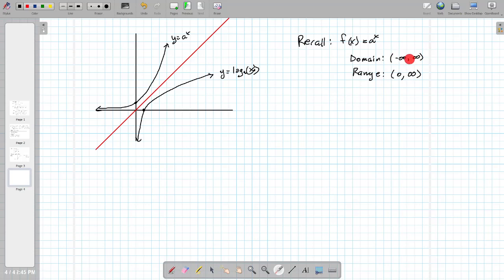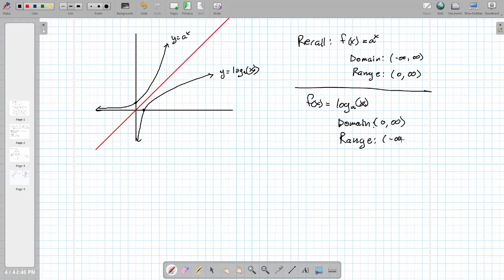And then everything that could have been an x value becomes everything that could be a y value. So, for the function f of x is equal to log base a of x, we have a domain 0 to infinity, excluding 0, and a range of all real numbers.